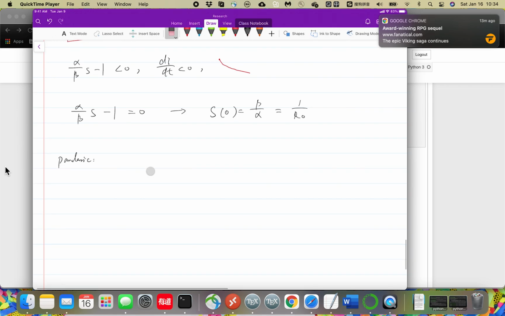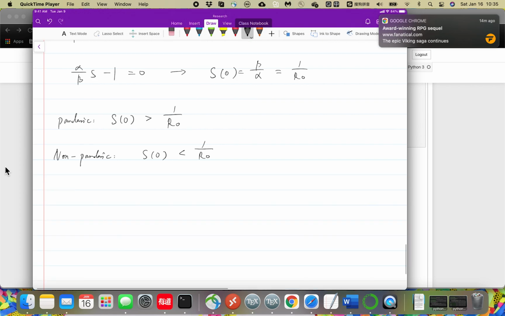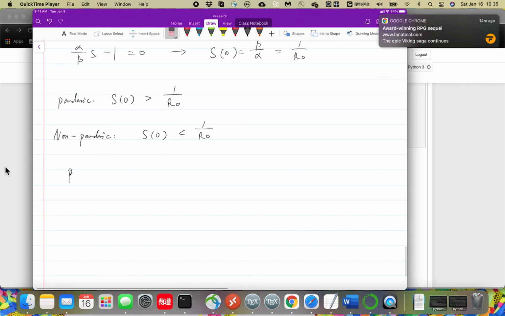More precisely, I prefer to write it this way: S0 is bigger than 1 over R naught. Non-pandemic means S0 is less than 1 over R naught. Here, R naught is a ratio which quantifies the infection and the recovery together.